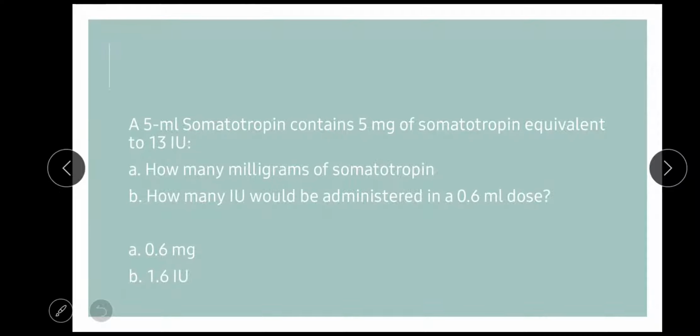Next, a 5 ml somatotropin contains 5 mg of somatotropin equivalent to 13 IU.